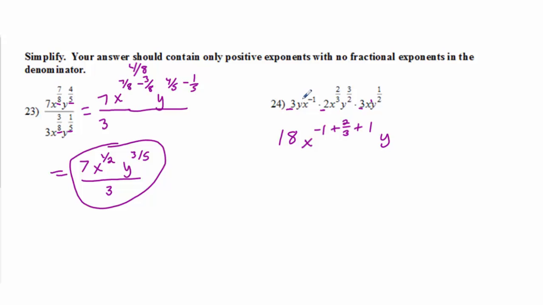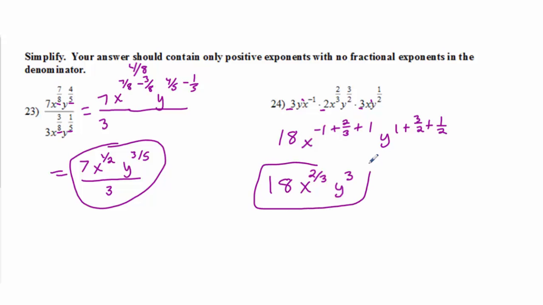This y has an exponent of 1 plus 3/2 plus 1/2. Again, you can type it in the calculator and it'll tell you what your exponent should be. This should be 2/3, because the -1 and the 1 actually cancel each other out. This one should be 3, because 3/2 and 1/2 actually adds up to be 4/2, which is 2, and 2 plus 1 is 3.